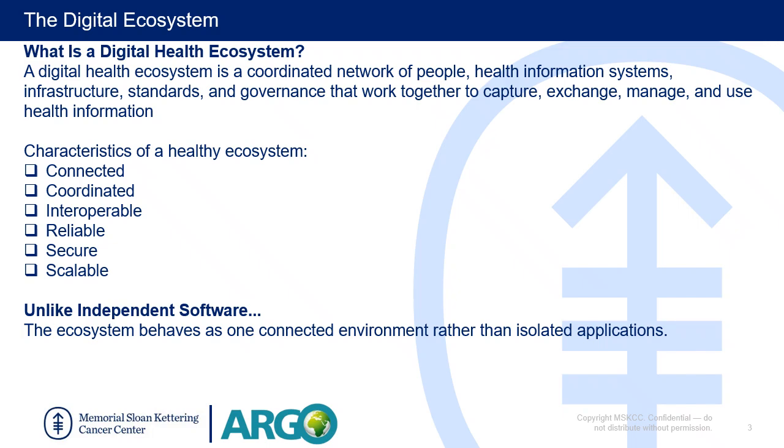And in the same way, our digital health depends on the interaction of people, workflows, applications, infrastructure, and governance. If one component is weak, the whole ecosystem is affected and stands the risk of collapsing.